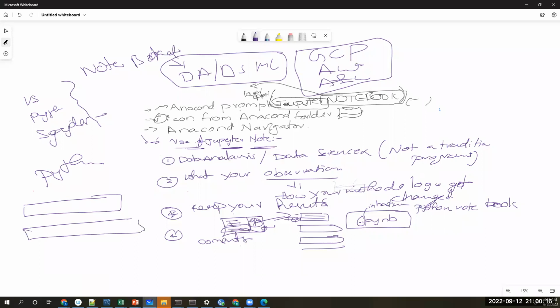Maybe the name of the notebook may change, but the functionality is the same. This is the basic level where you're going to use these things. If you move to the advanced levels, there also you will see Jupyter notebook usage. The name may change, but the functionality is the same in most cases.